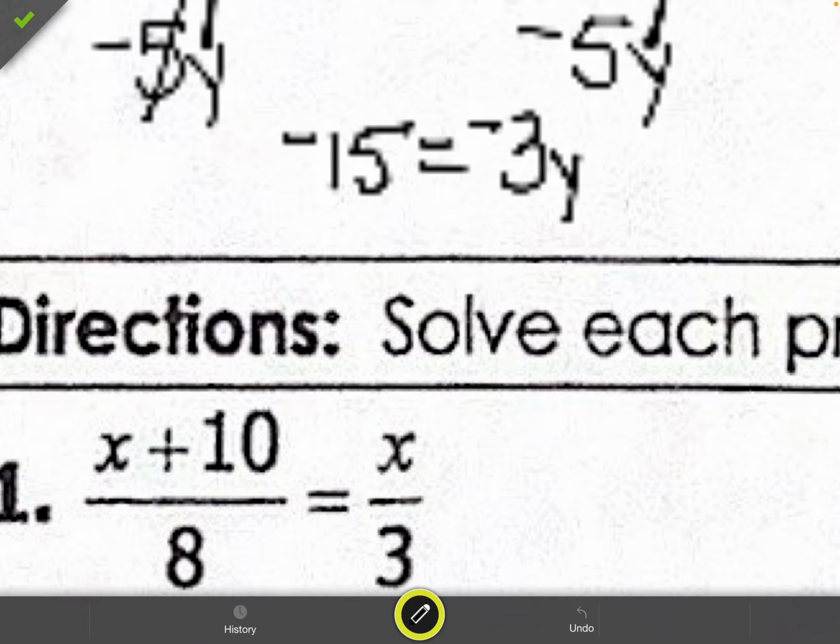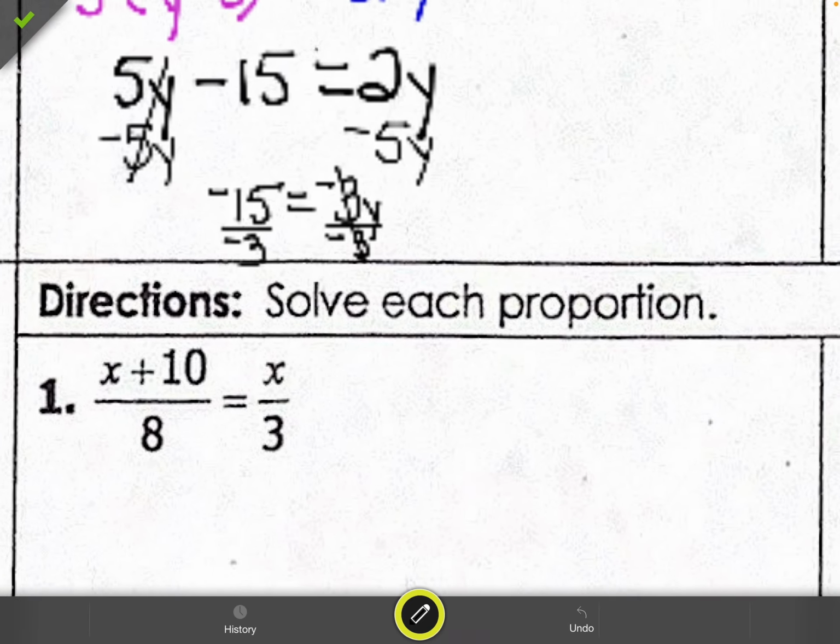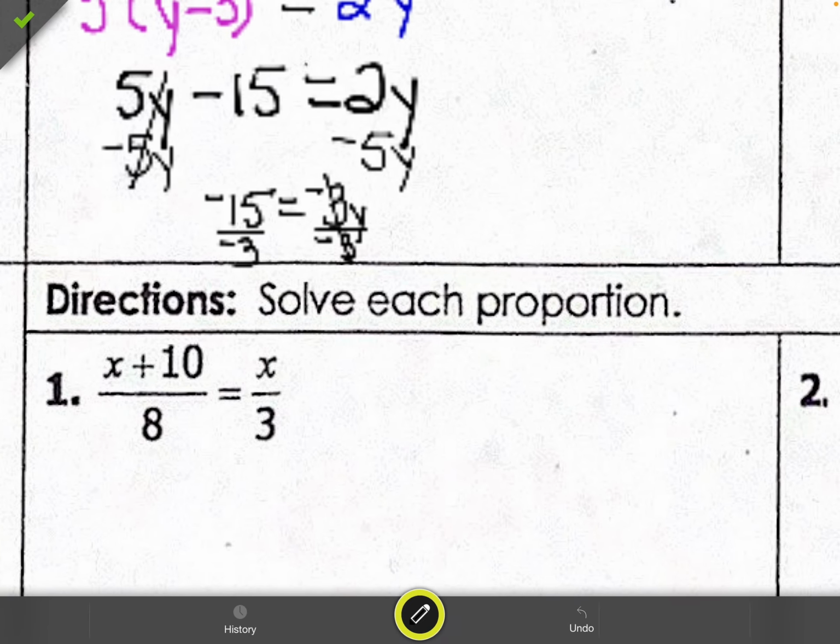After add or subtract, there is no add or subtract right here. And then midnight is the multiply or the divide part. So I look, it's negative 3 times y. Opposite of times is divide. These cancel. Negative 15 divided by negative 3 is positive 5.